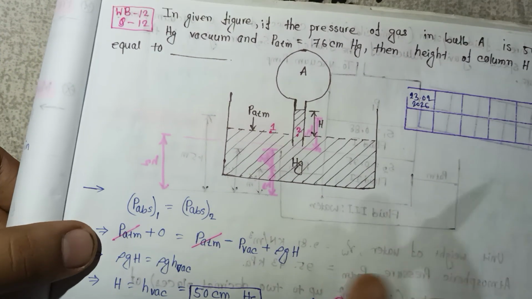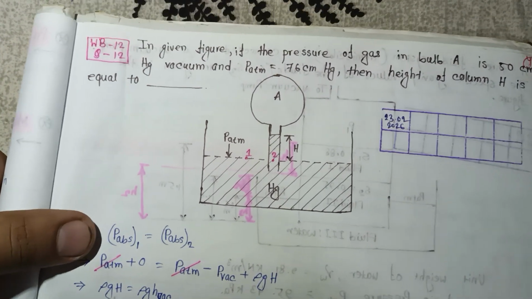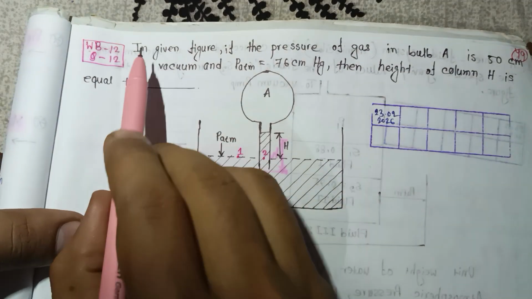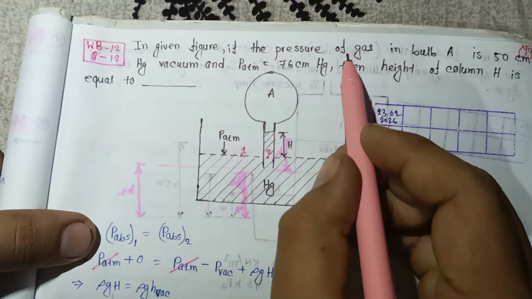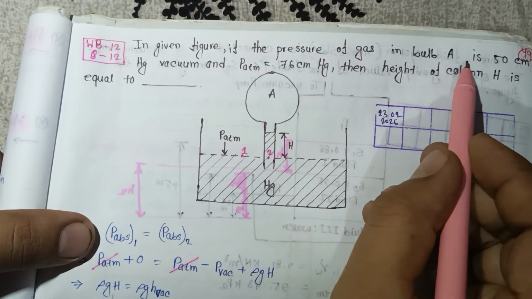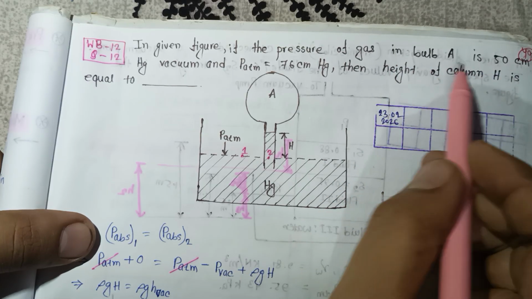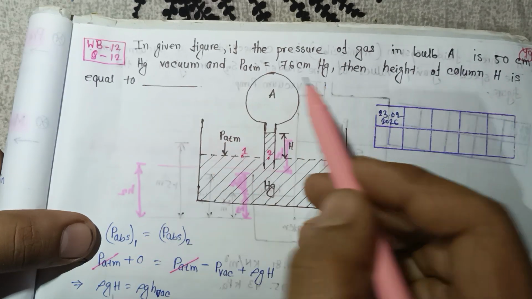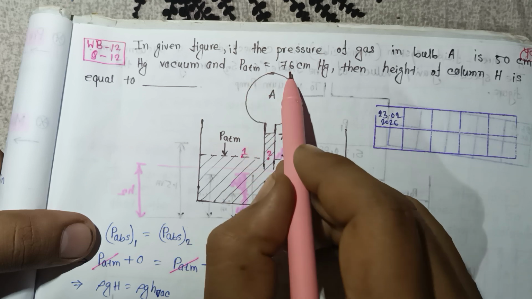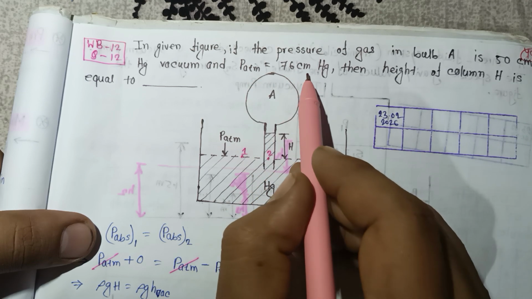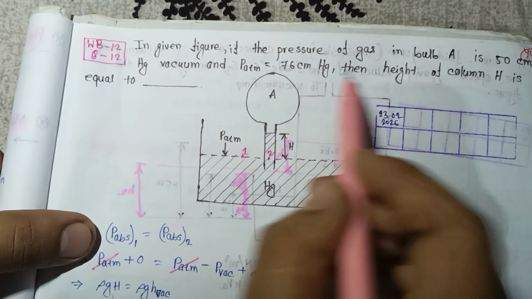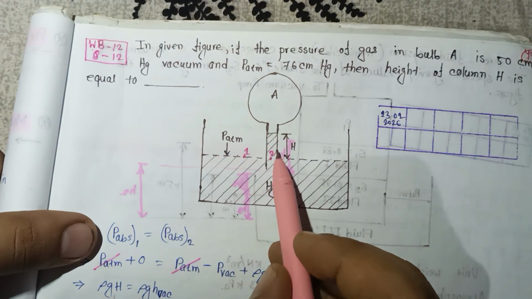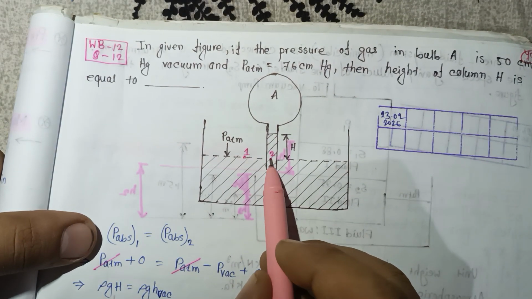Let's try to understand this important question. In the given figure, if the pressure of the gas in bulb A is 50 cm Hg vacuum and the atmospheric pressure is 76 cm Hg, then the height of liquid column H is equal to what? You have to calculate the height of the liquid column from this point.